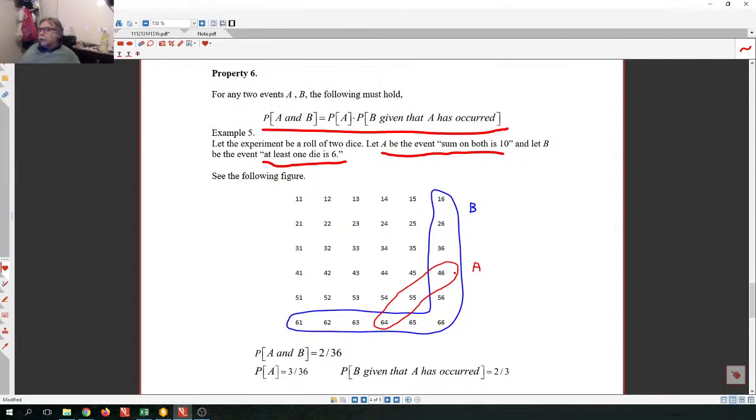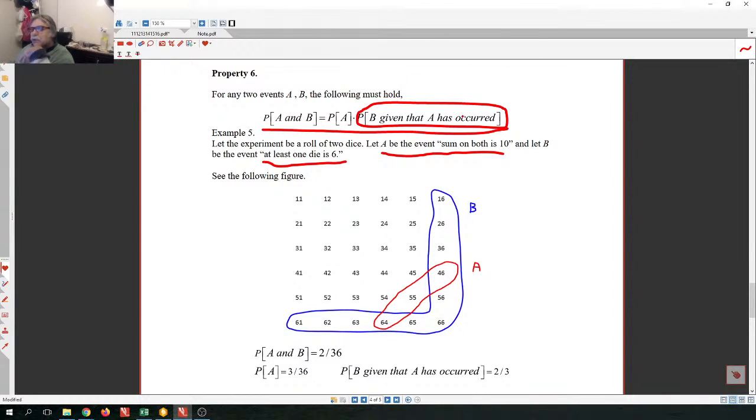Okay, what is this? The probability of B given that A has occurred. So you have some condition here: A has happened. What's the probability of B? If I'm telling you the sum is 10, what's the chance to have at least one 6?